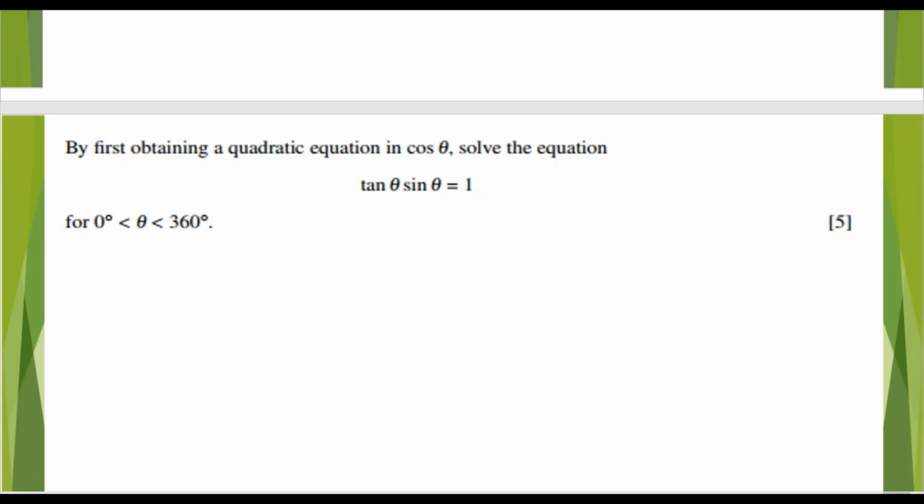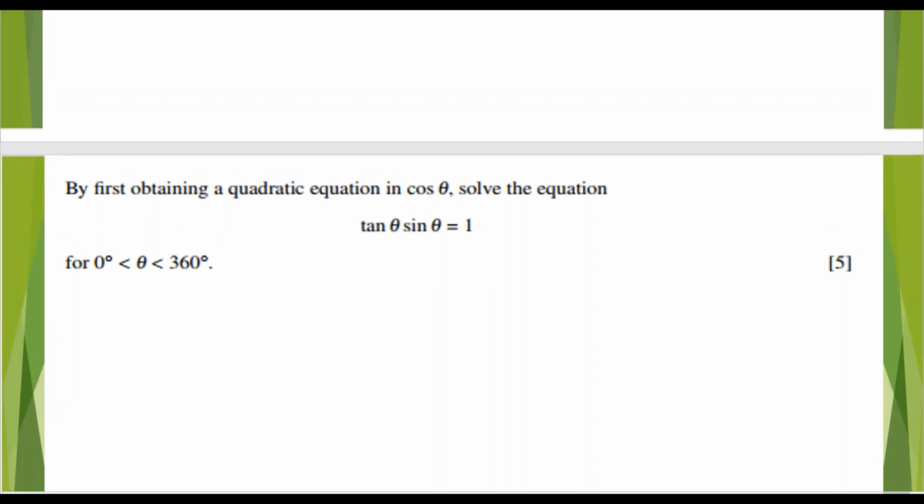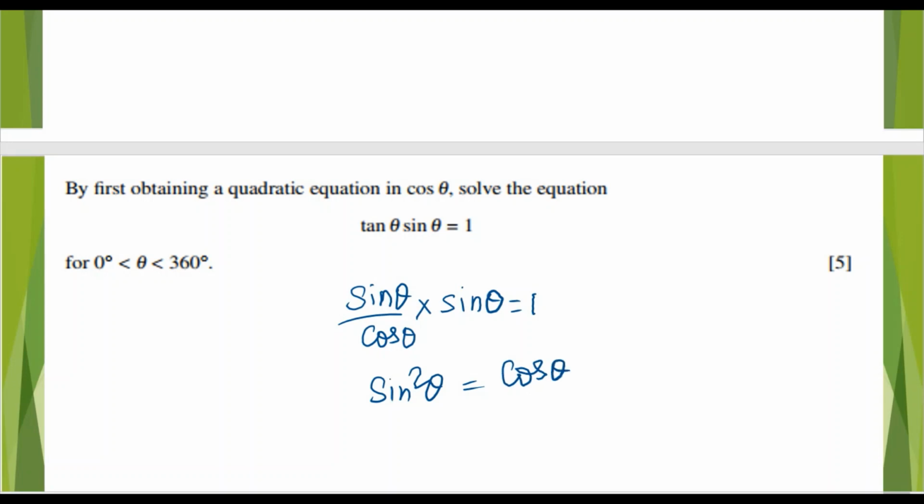So for tan theta, first we will substitute sin theta over cos theta, and then we will simplify it. So tan theta is sin theta by cos theta multiplied by sin theta equal to 1. So this is nothing but sin square theta equal to cos theta.